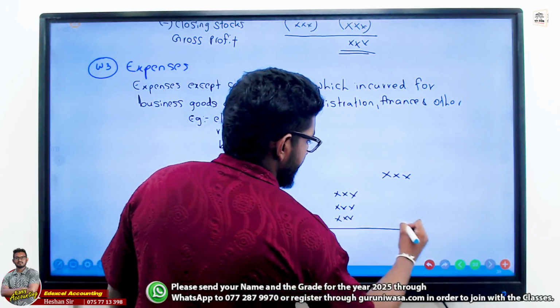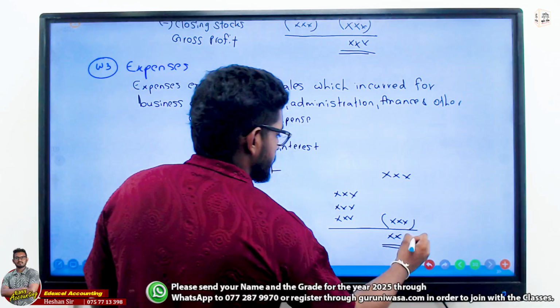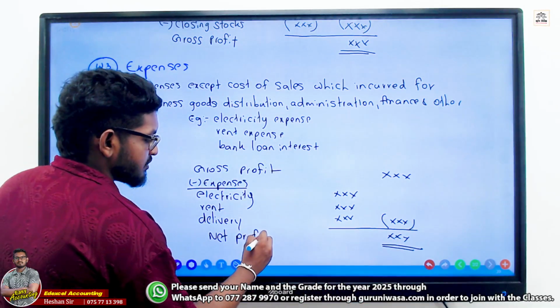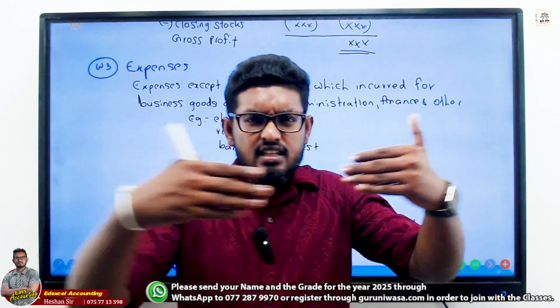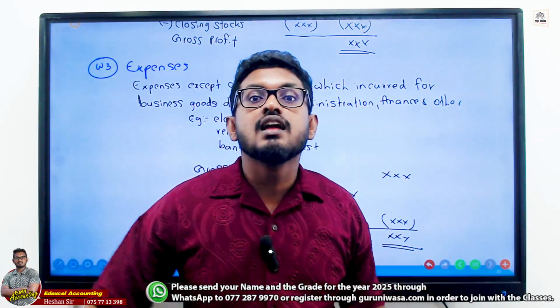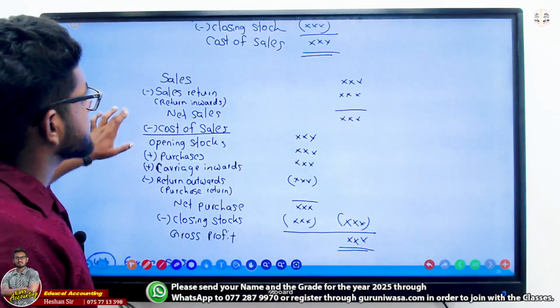The total we take to here, then we get the net profit. Normally the correct profit is the net profit. Gross profit means only profit generated through buying and selling goods. Net profit means after that we deduct the other expenses. So now you know the full process.